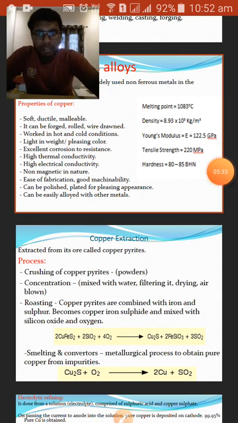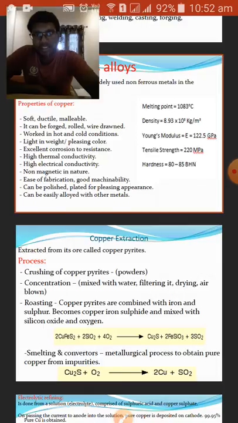The tensile strength of copper is around 220 megapascals, and hardness is around 80 to 85 BHN, that is Brinell hardness number. And Young's modulus is around 122.5 gigapascals.